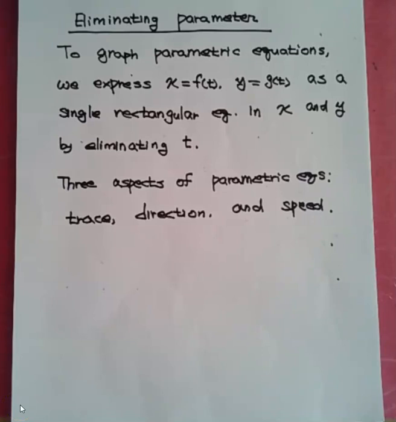When you draw a plane curve using parametric equations, keep in mind that there are three aspects of parametric equations: trace, direction, and speed. We will understand it only after we work out some examples.